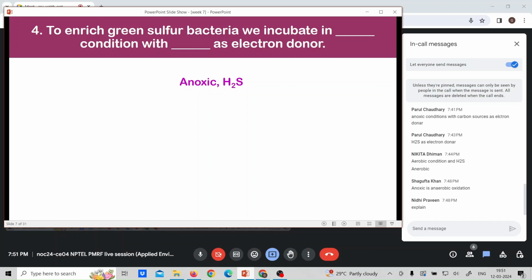When the electron acceptor is oxygen, it is aerobic respiration. When it is an inorganic substance, we call it anoxic or anaerobic respiration. And when it is organic matter, we call it anaerobic fermentation.